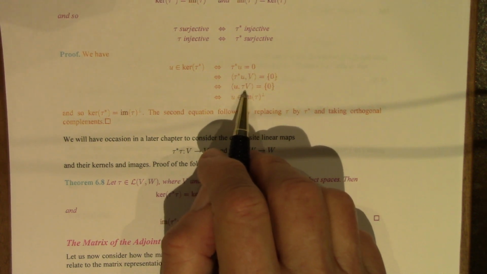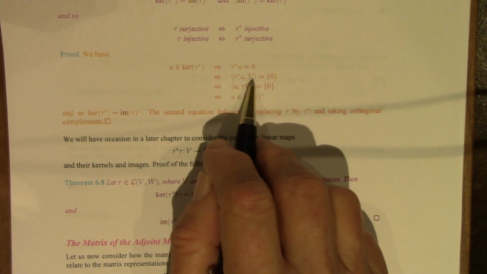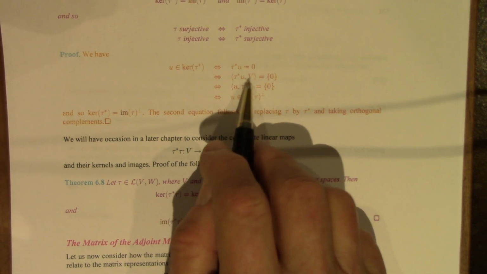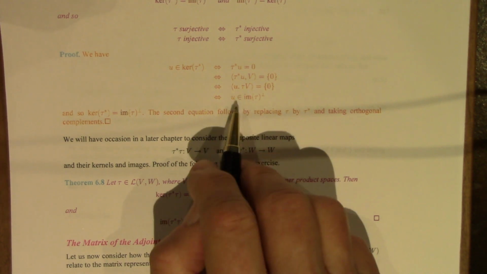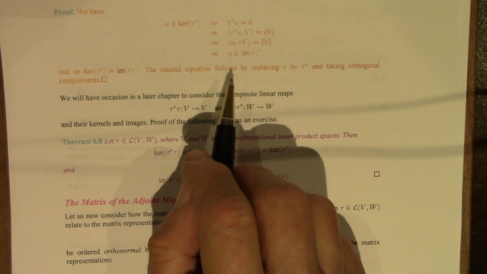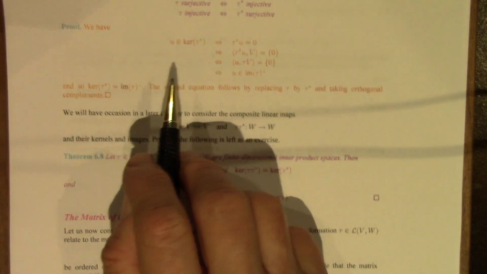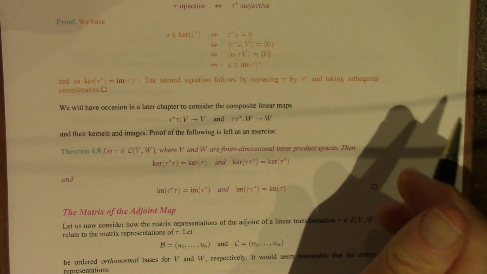Another way to say this is that tau star U is orthogonal to all of V. So U is orthogonal to all of tau of V. In other words, U is orthogonal to the image of tau. And the second equation can be gotten from the first one by replacing tau by tau star and taking orthogonal complements.